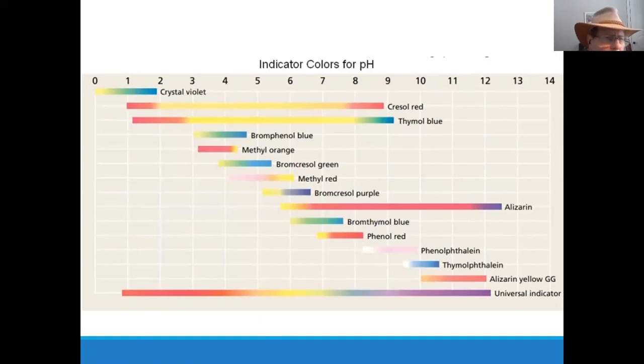Let's go, Jordan. Yes. I have a methyl red that is yellow. I have an alizarin yellow that is red. Methyl red is yellow, alizarin is red. What can you say about the pH?